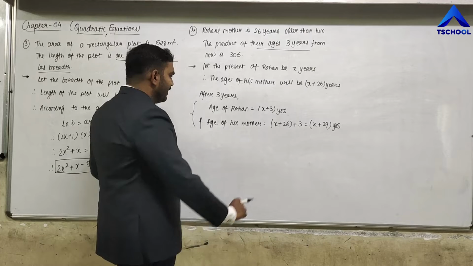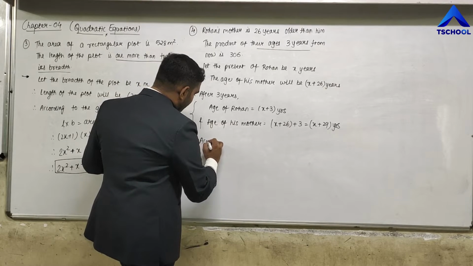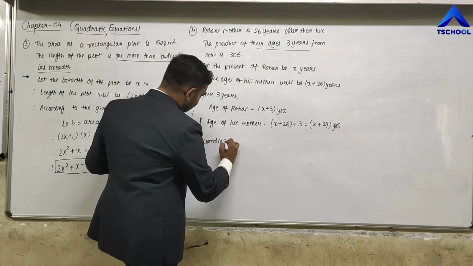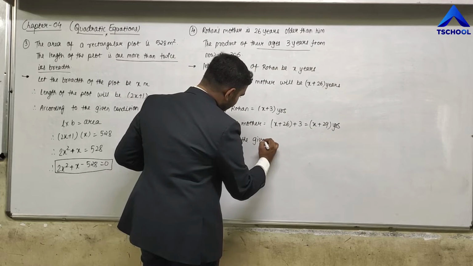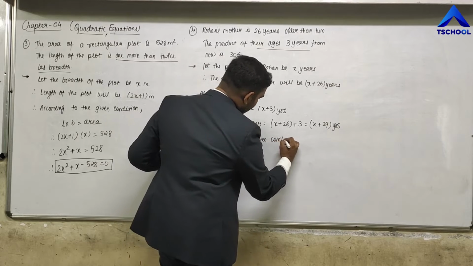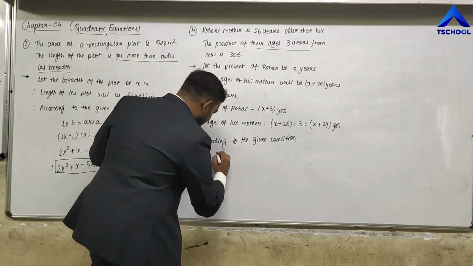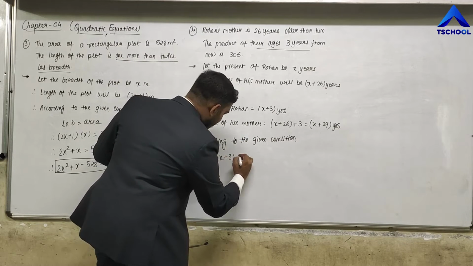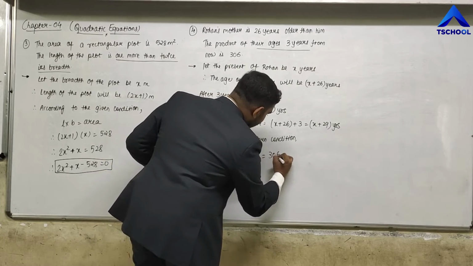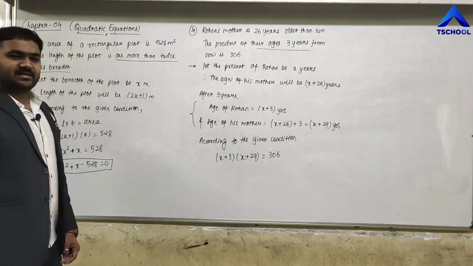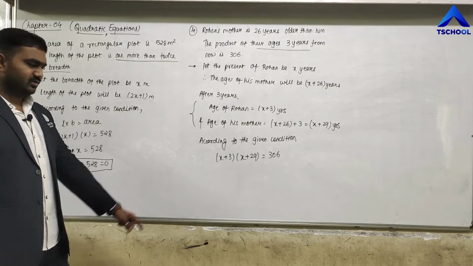Now coming to the condition, according to the given condition, the product of their ages 3 years from now is 306, that is (x plus 3) into (x plus 29) equals 306.